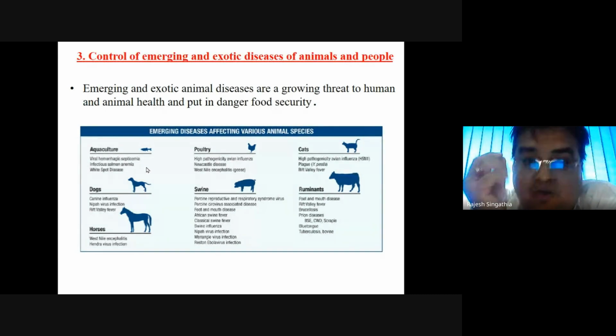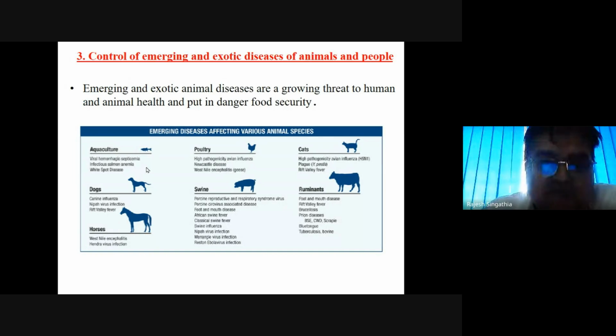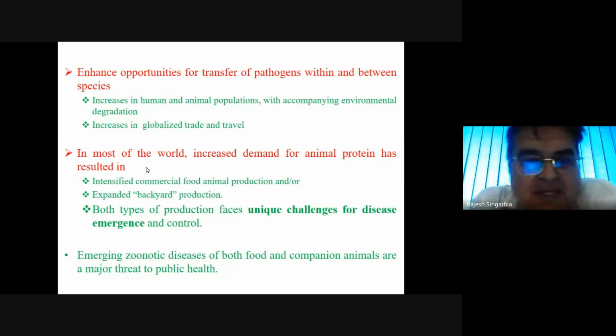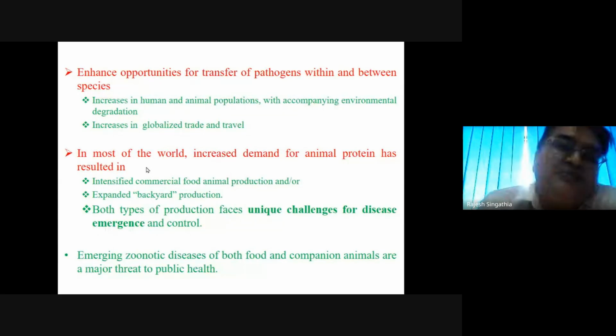Control of these emerging, re-emerging, and exotic diseases of animals in the population is only possible with the help of vaccines. If there is an increase in human and animal population, with accompanying environmental degradation and increase in global trade and travel, due to all these factors there is enhanced opportunity for transfer of pathogens within and between species.